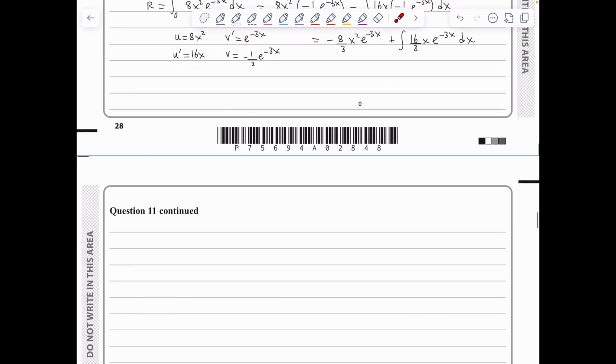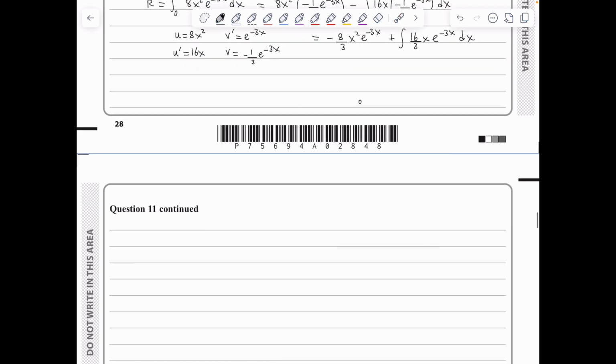So let's consider the integral of 16x/3 e to the -3x dx. So I'll be setting u to be 16x/3 and v dash to be e to the -3x. This means that u dash is 16/3, and then v is -1/3 e to the -3x.